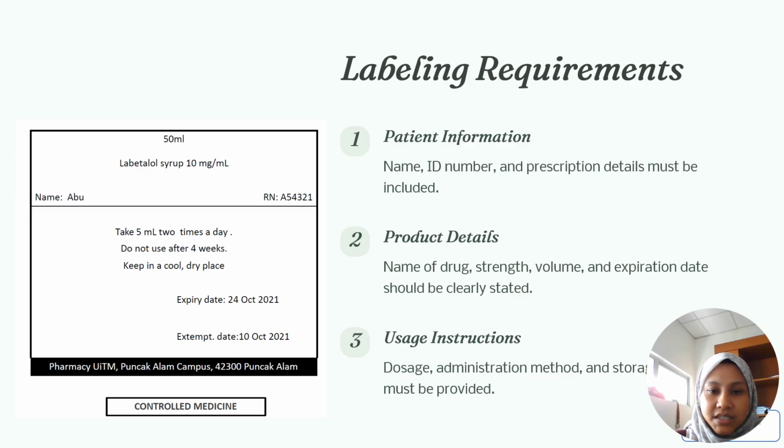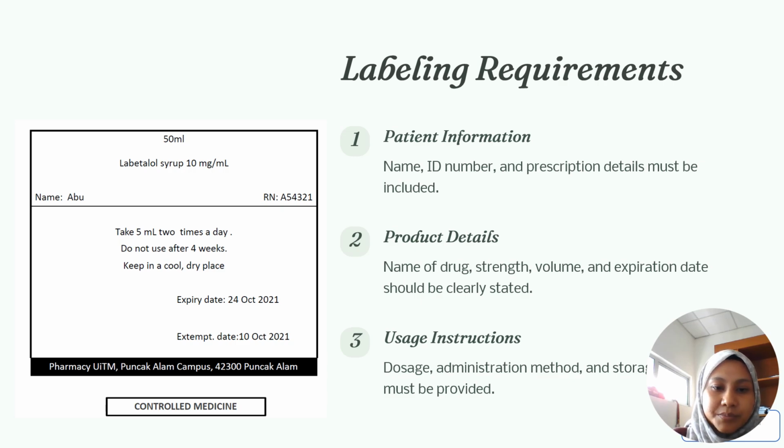So as you can see, we need to have this information, and they are a requirement, mandatory. Okay, number one is patient information. All right, as you can see here, the patient name is Abu, and also the ID, RN. And then the product has to be in the form of generic name, labetalol syrup, and the strength.